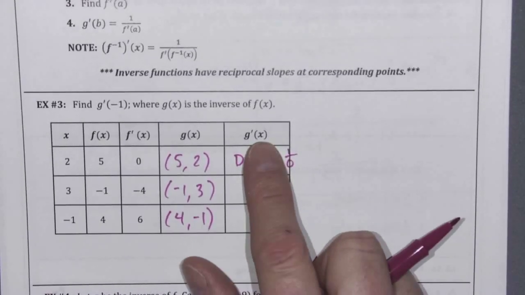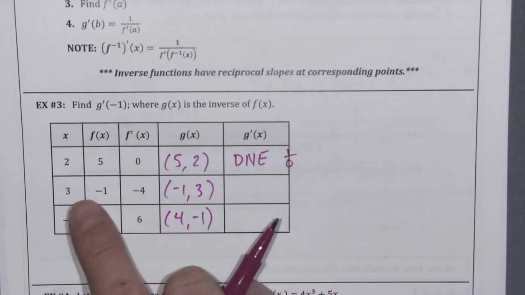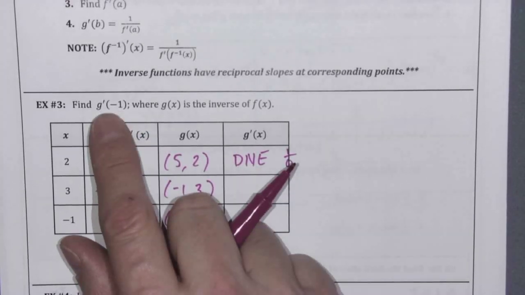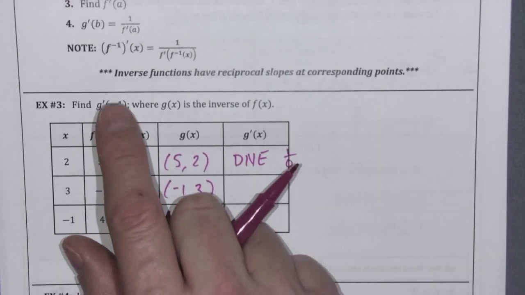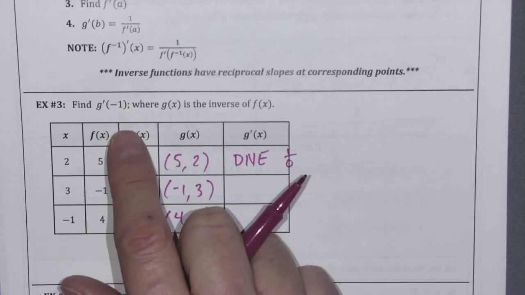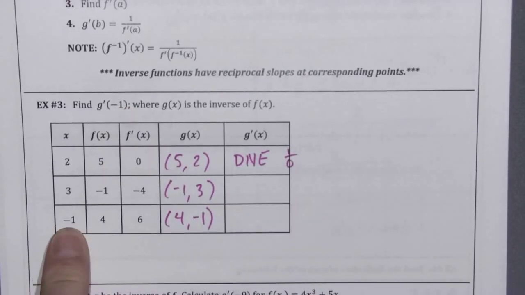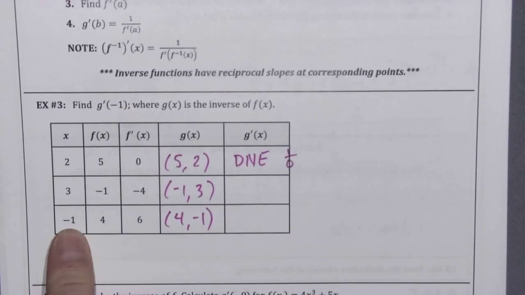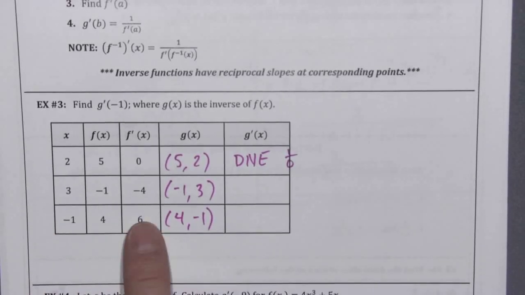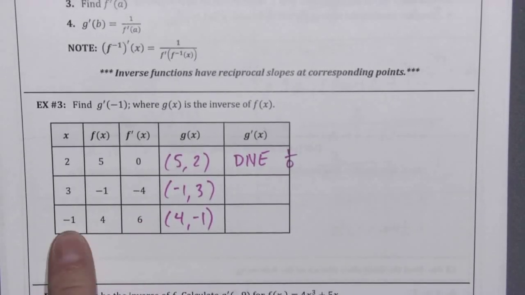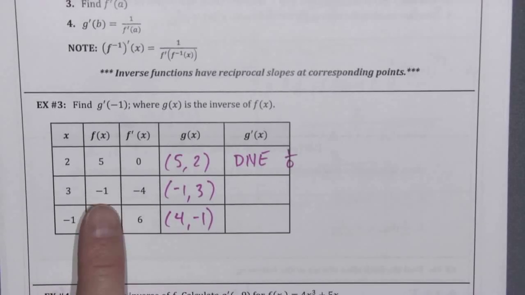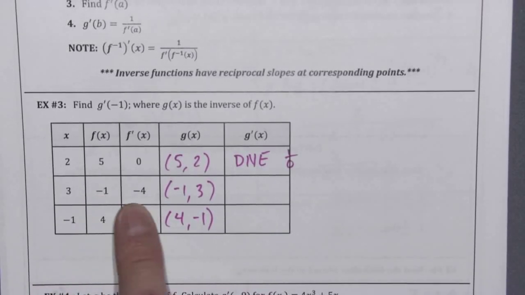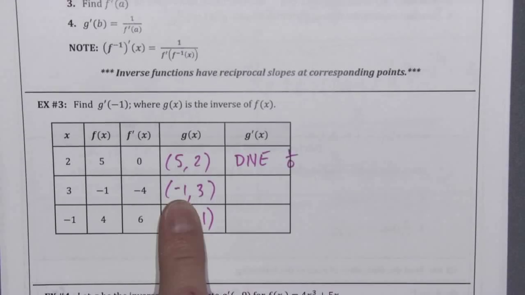Now, for this guy, our original problem wants to find g prime of -1. That is not this guy; that would be f prime of -1, where we would go here and put 6. What we need is this guy, because remember our g has been switched. He is the inverse.